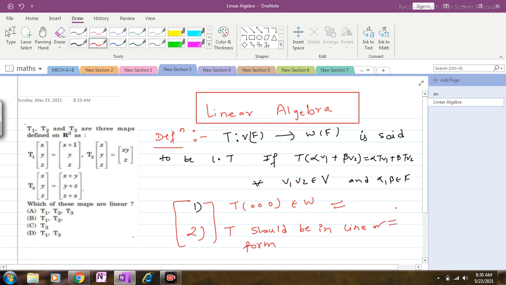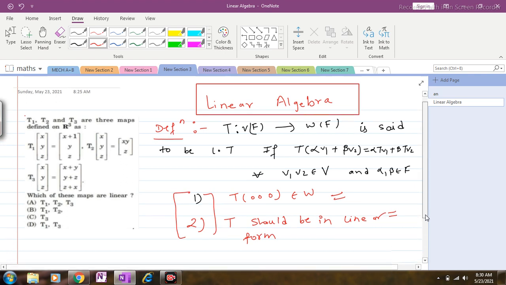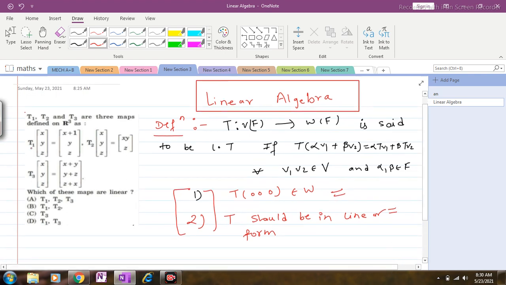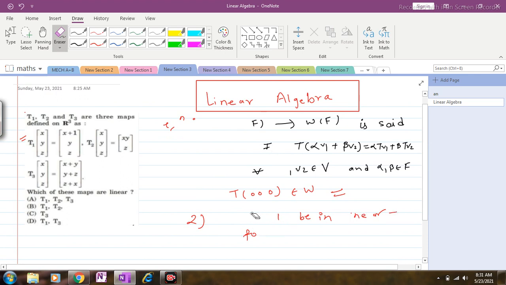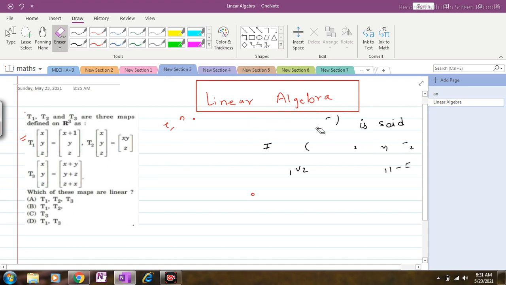Okay. So now I will come to this problem. So the first linear transformation we have been given is this one. Let me write this. Now we'll check that T of 0 should belong to W. That means T of (0, 0) should be 0.